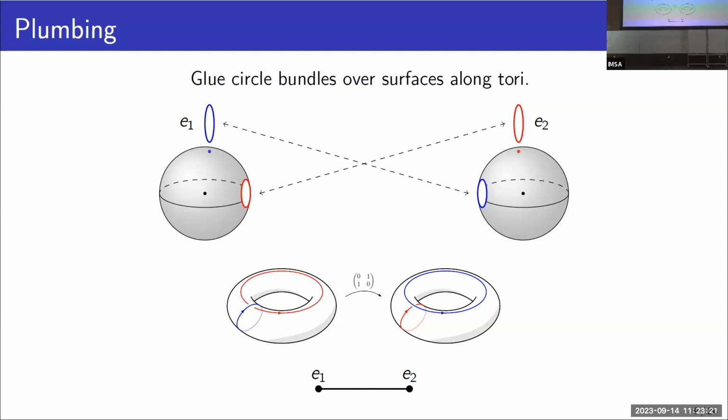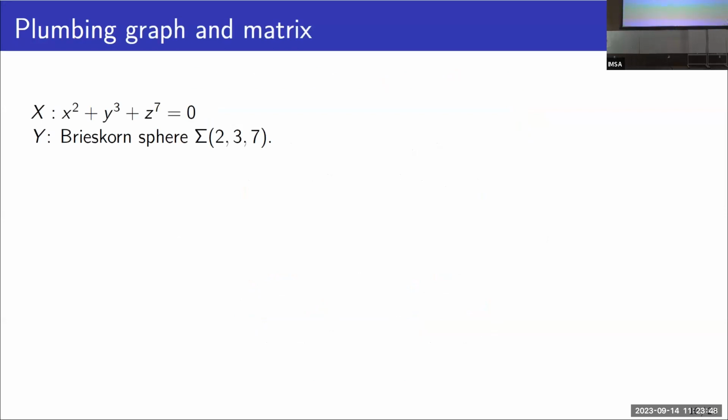And finally we put e1, e2 for the Euler numbers of the possibly non-trivial circle bundles over the spheres. So the upshot is that these kinds of manifolds can all be encoded in a finite graph with some labels on vertices. So that's why we can do combinatorics. Yeah. So here's an example.